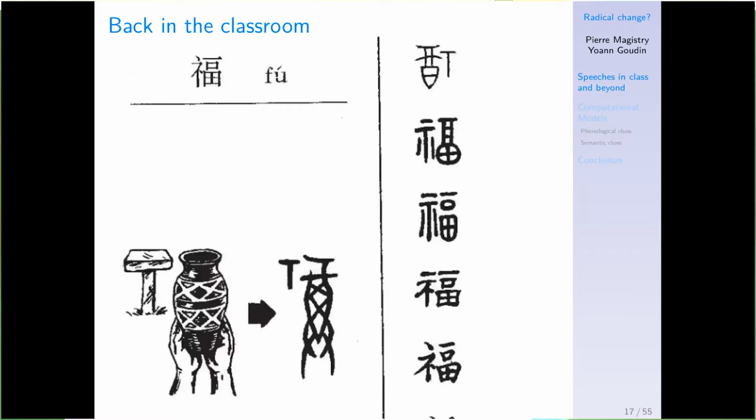So this is quite different. It's a very typical explanation of the different components, in order to make us memorize sinograms, which is supposed to be a vessel, and this vessel and the altar, in order to go back to religion and divination.